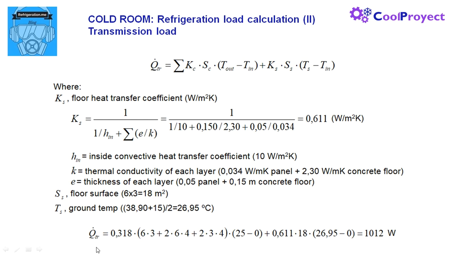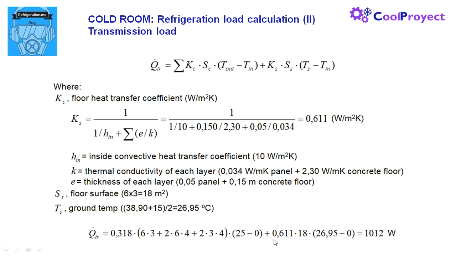Transmission thermal load is the product of different components. We have here K sub C. Here we have the addition of the different wall and roof surfaces. This is roof. These are 2 walls, and these are the other 2 walls surface. Here we have outdoor temperature and indoor temperature.